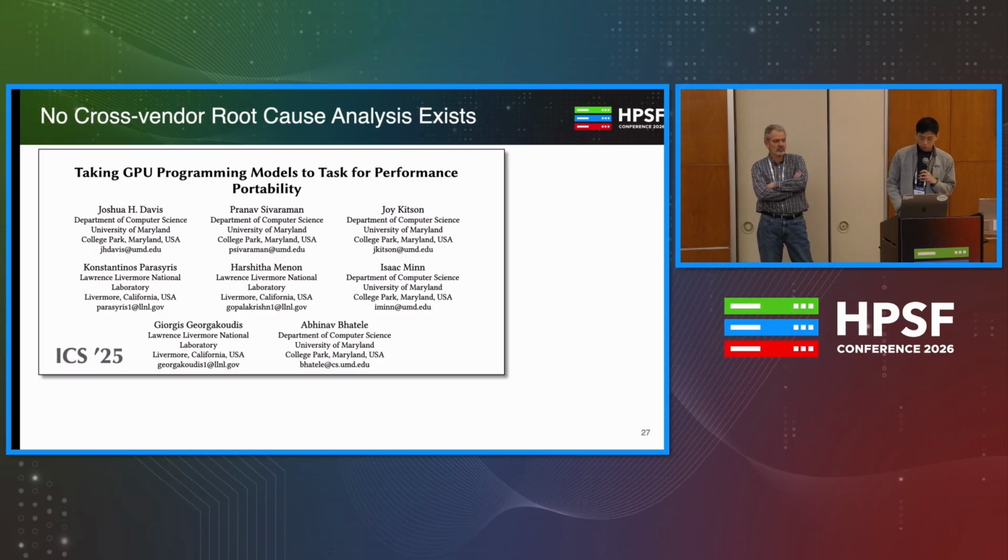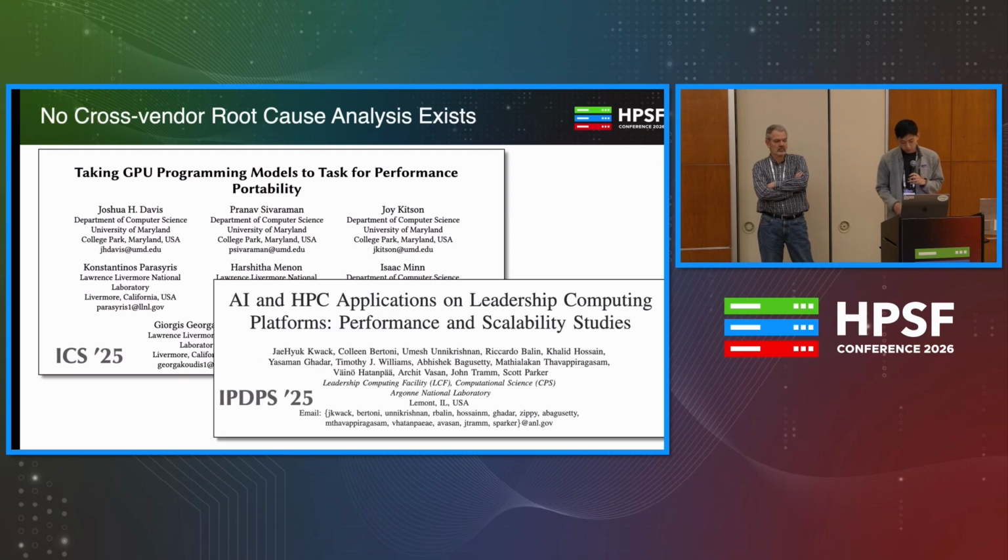And from ICS-25, the work from Livermore and U Maryland, and also some other research from Argonne from last year, they are also evaluating performance portability here. But currently there is no tool to help them go deeper to say why there is a huge performance difference between architectures.